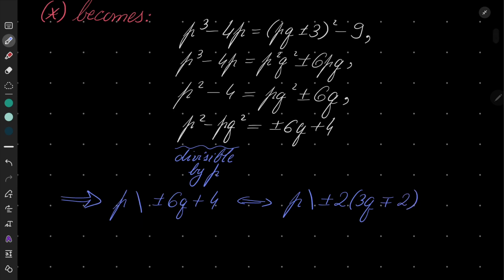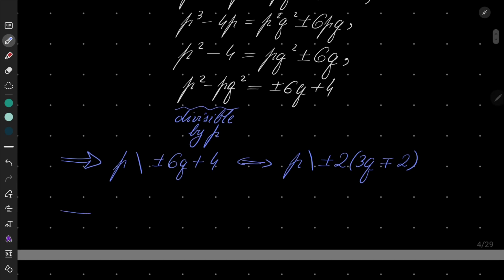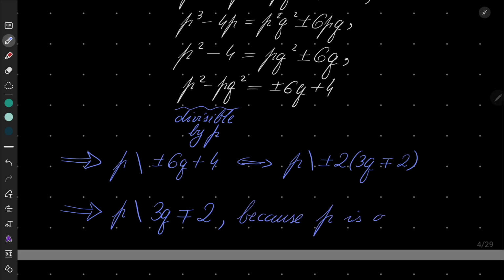Okay. But now remember that we are dealing with primes which are greater than or equal to 7, which are odd. So p cannot divide plus or minus 2. So it must be the case that p divides 3q minus or plus 2. Why? Because p is odd. Very well.